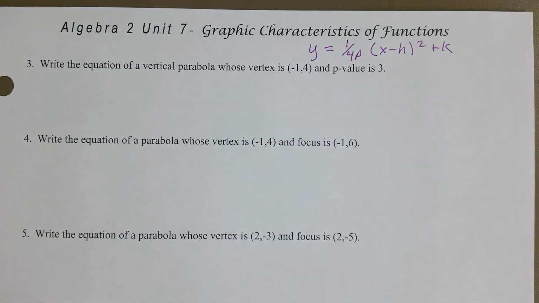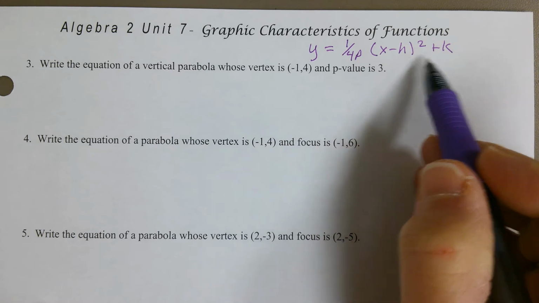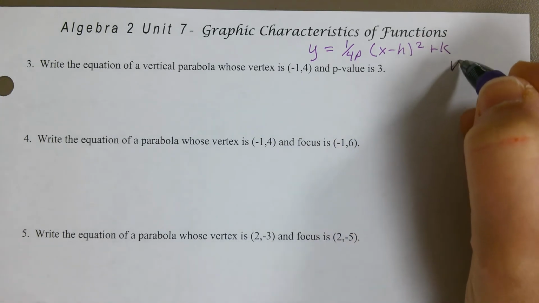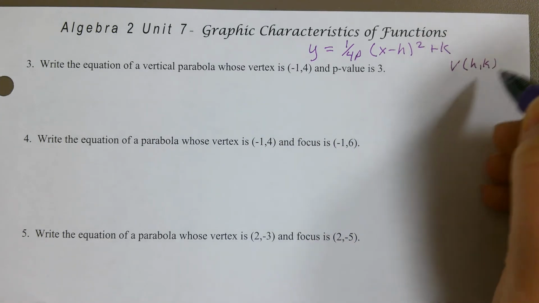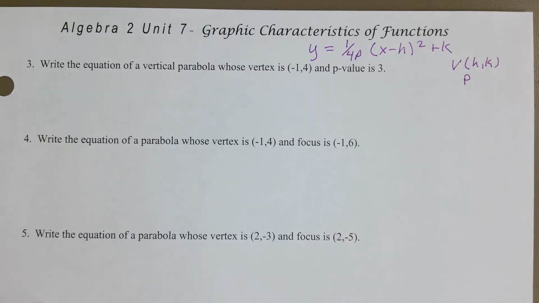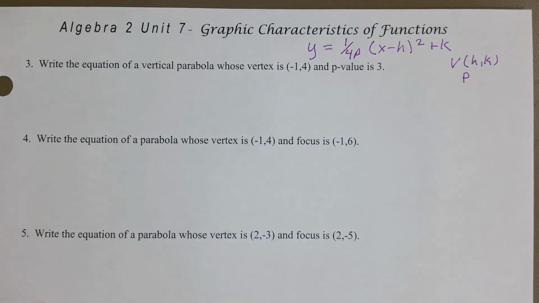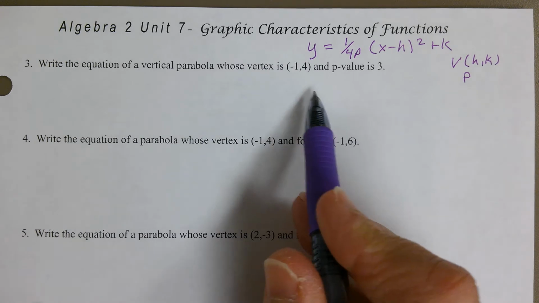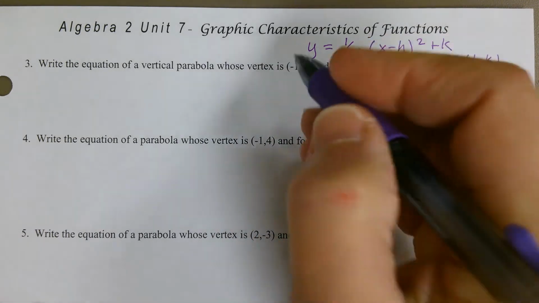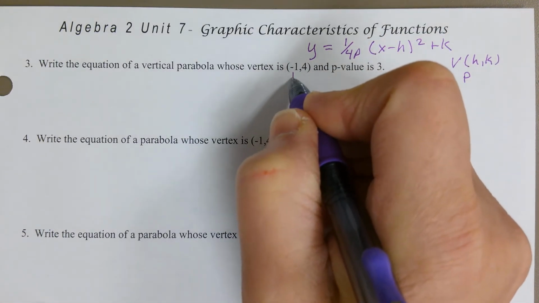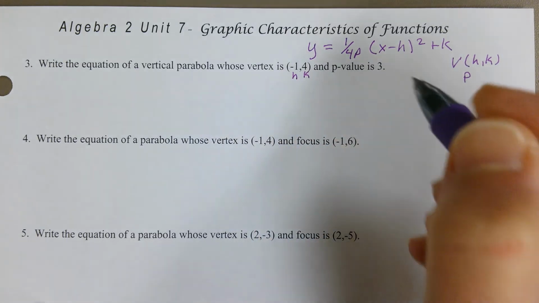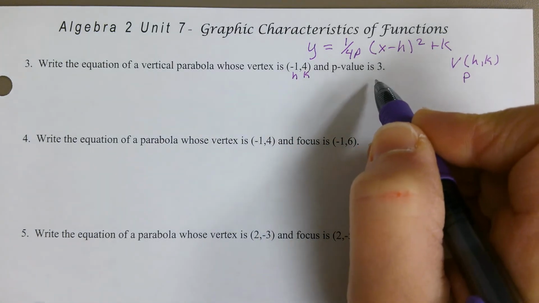In order to substitute into this formula, we need two things: the vertex and the value of p. And that's exactly what we have given to us for number 3. The vertex is -1, 4, and the value of p is 3.